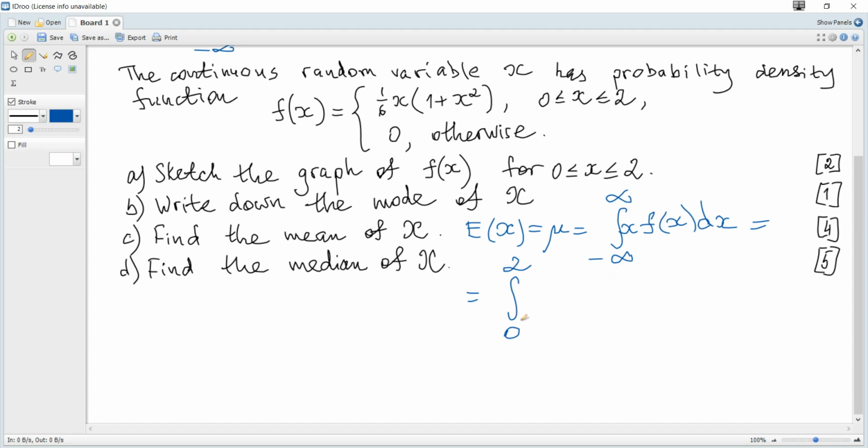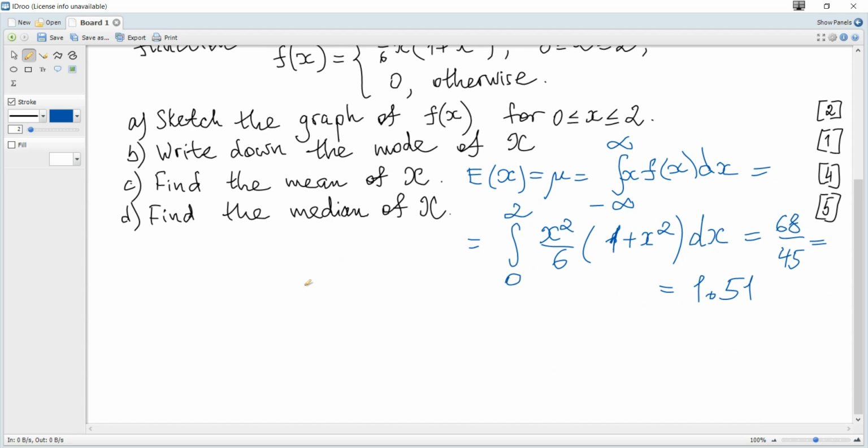So here it becomes the integral from 0 to 2 of x multiplied by f of x, so it's x squared over 6 multiplied by 1 plus x squared dx. And this problem is with a calculator, so you can easily calculate it and get 68 over 45, or 1.51 to 3 significant figures.